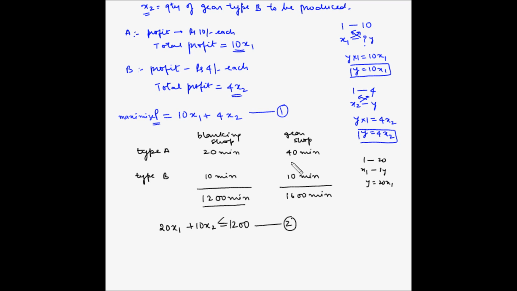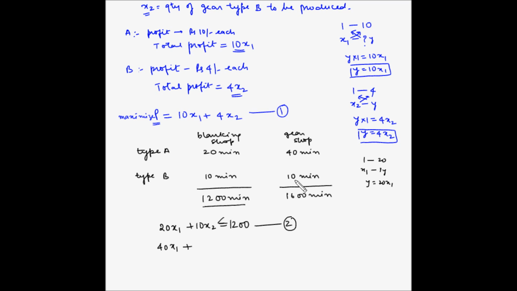Now let's construct the constraint for the gear shop. So again the same logic here. Total number of type A gears is x1 and each gear takes 40 minutes in the gear shop. So total time taken by all the type A gears is 40 times x1, plus the time taken by each gear of type B on the gear shop is 10 minutes.